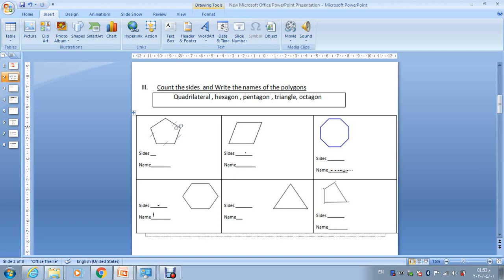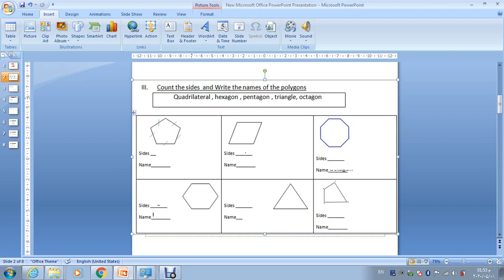So they are 5 sides, right? We will use from the word bank the word for the 5-sided polygon.